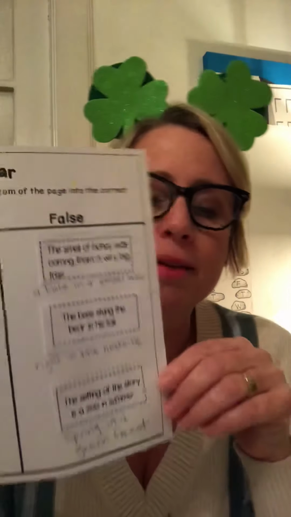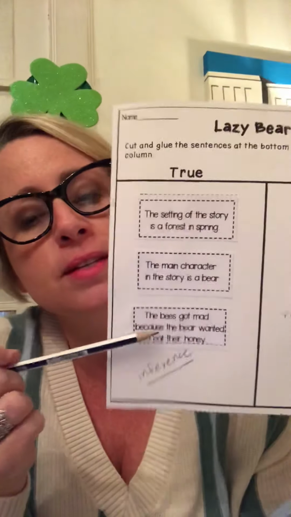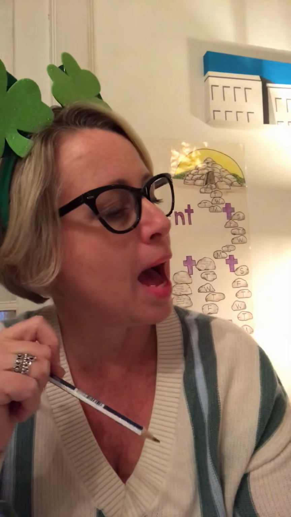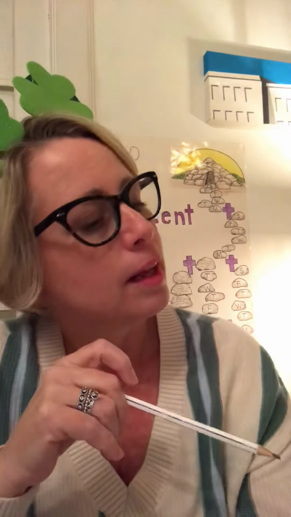So you kind of had to make an inference. You knew the bees stung him, and you knew that he was in their hive because he stuck his nose in there. So you had to put that together and make an inference that the bees got mad because the bear wanted to eat their honey. All right?